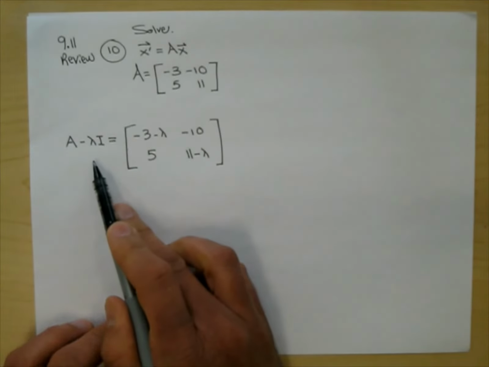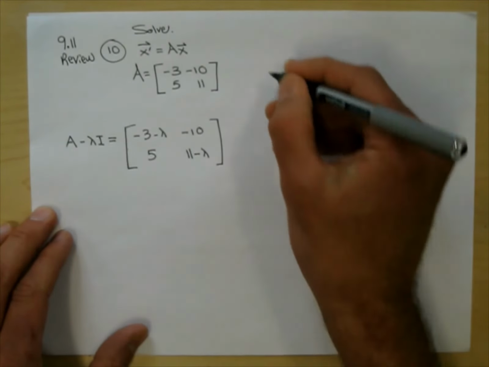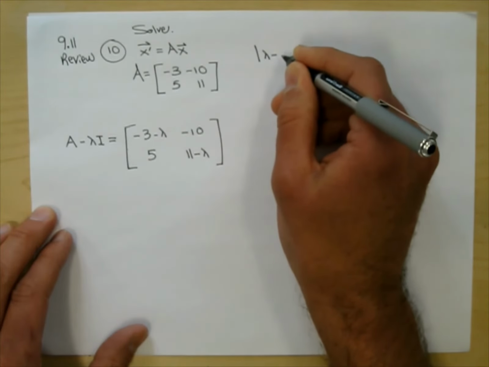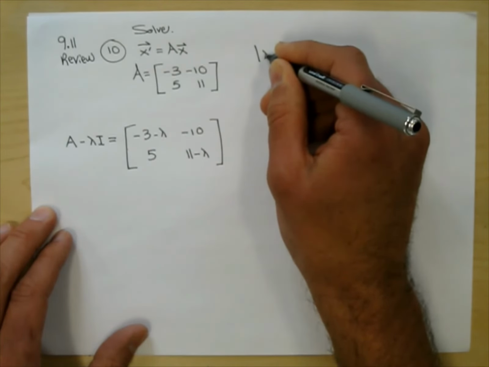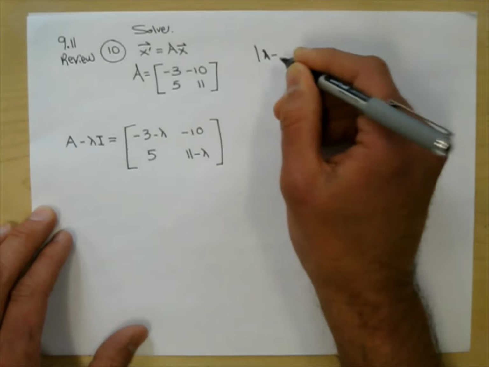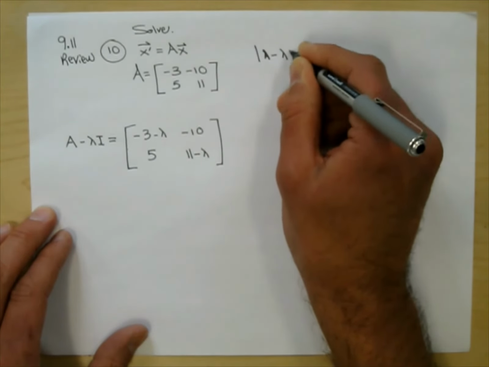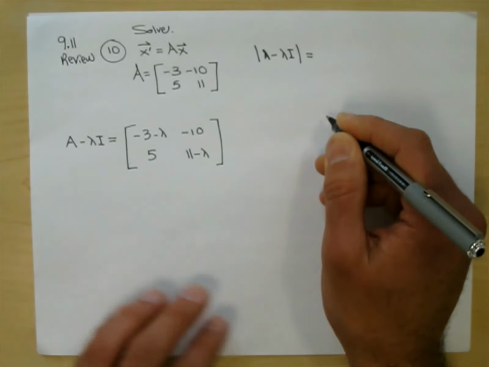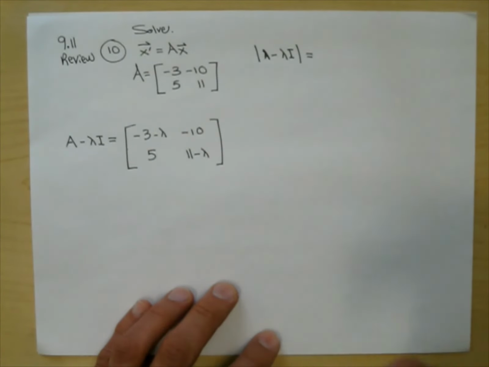Okay, so I'm going to go ahead and take the determinant just like I did in the last problem. Sorry, that's an A there. Whoops, A minus lambda I. Okay, so this gives me the characteristic equation here.